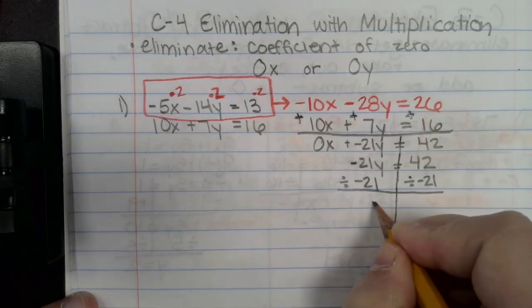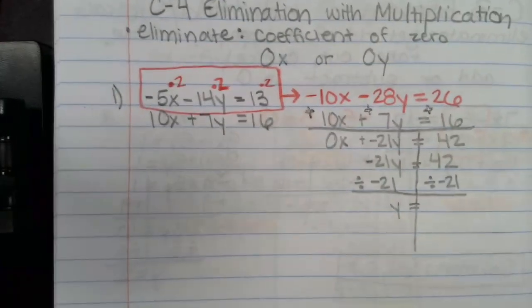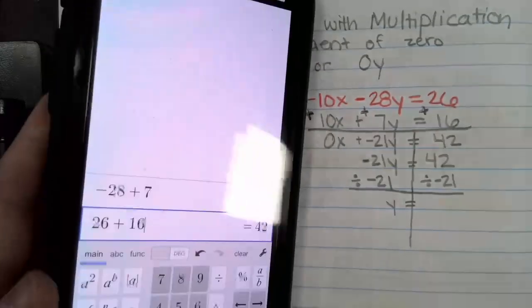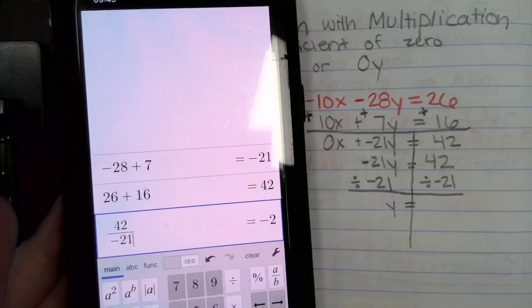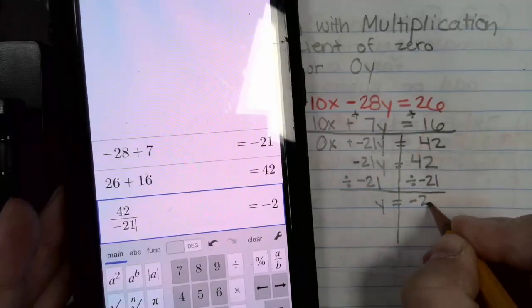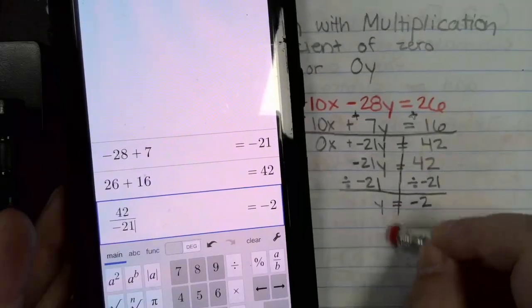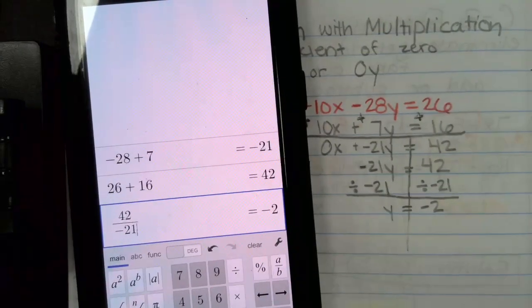So that gets rid of that negative 21. We're left with just y equals 42 divided by negative 21. And we get negative 2.